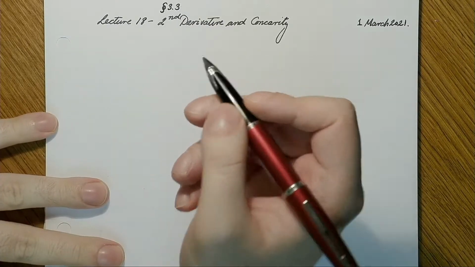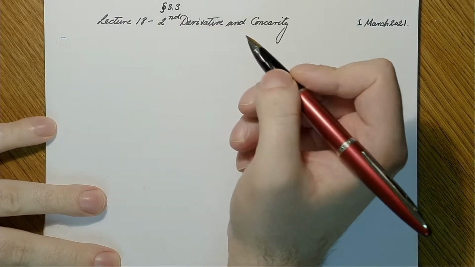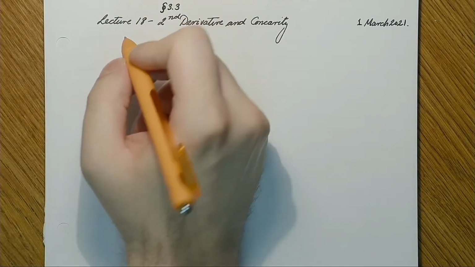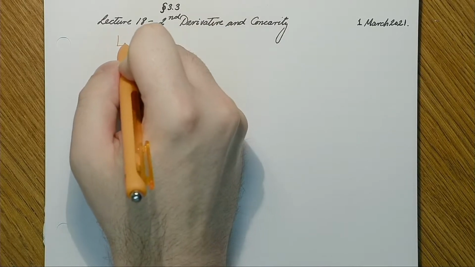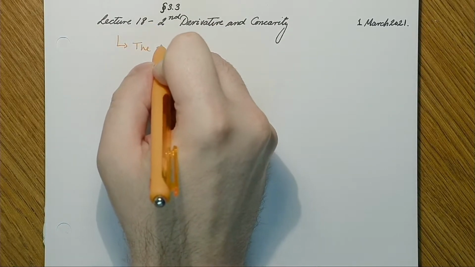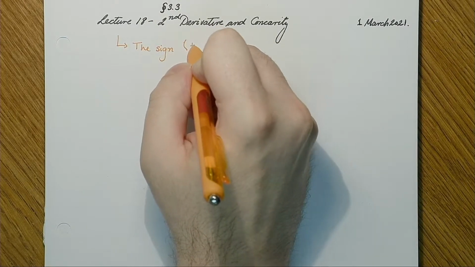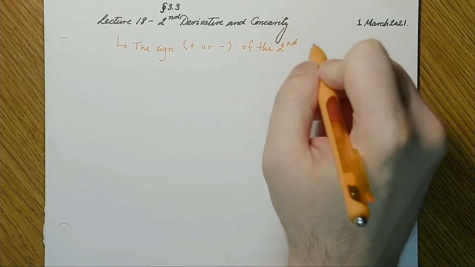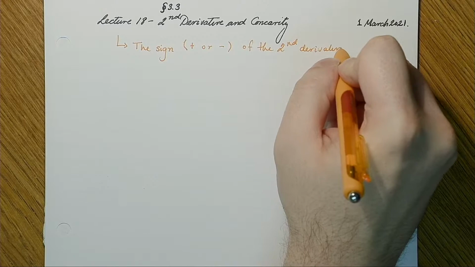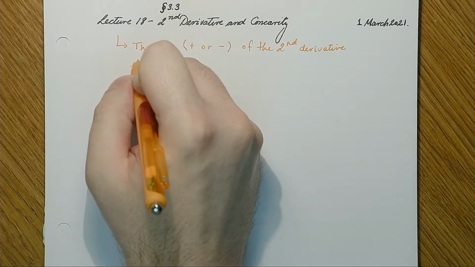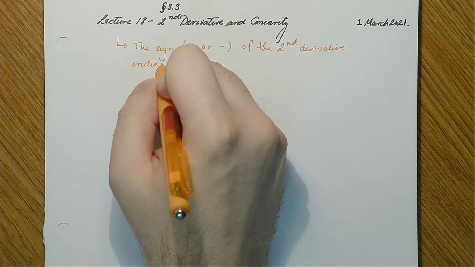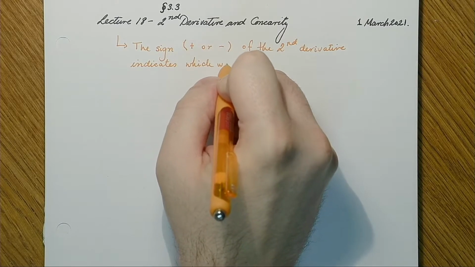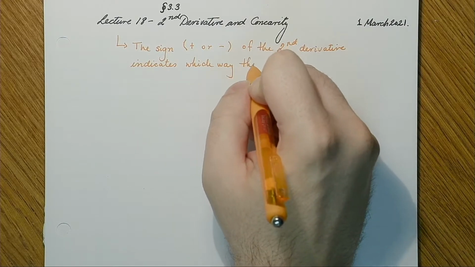All right. So for those that want the executive summary, basically, what today's lecture is that the sign, which means that it's either plus or negative, of the second derivative indicates which way the graph of the function is bending.